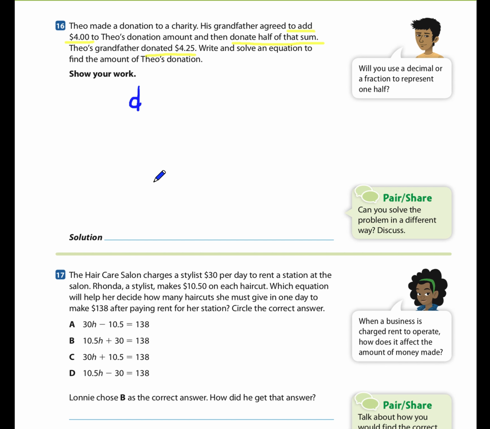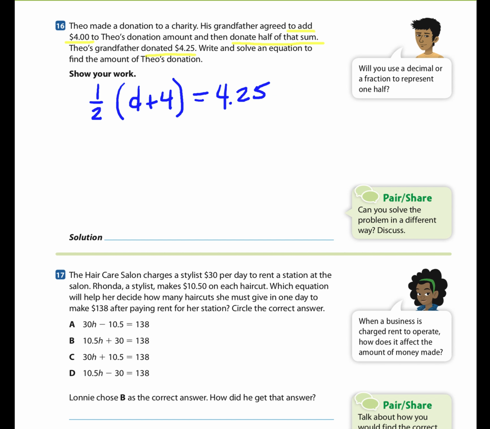Let's call it D, for donation. He's going to add $4, so donation plus 4. Then he says to add it to Theo's donation amount and then donate half of the sum. Well, sum means I need to add these two together, and then he's going to give half. So we're going to multiply by half. And at the very end, we know that his grandfather did donate $4.25.